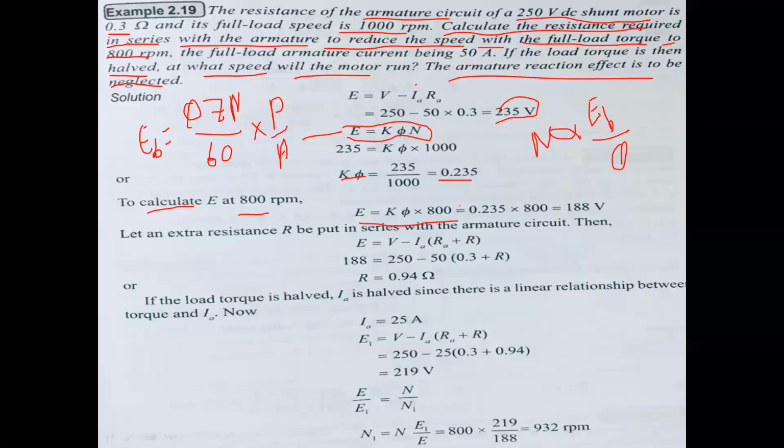Flux is constant, so E equals 0.235 into 800. This is the E value at 800 rpm, 188 volts.